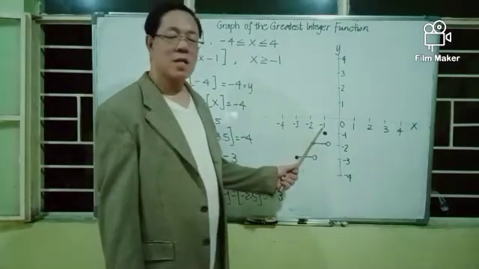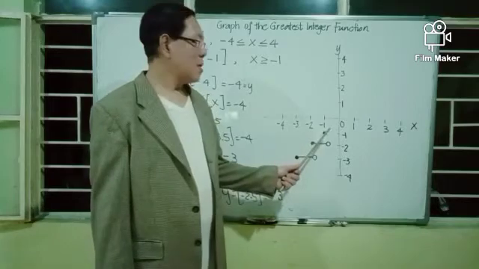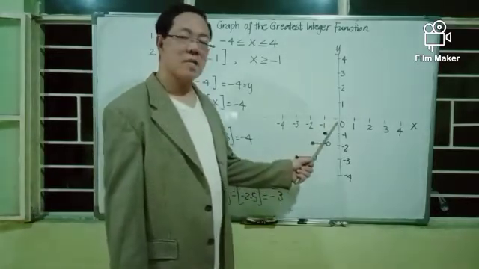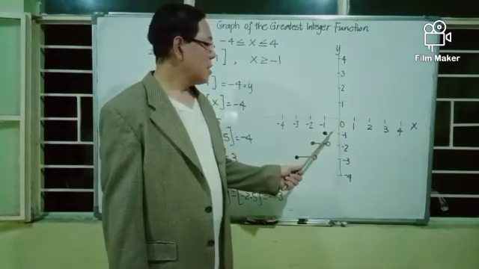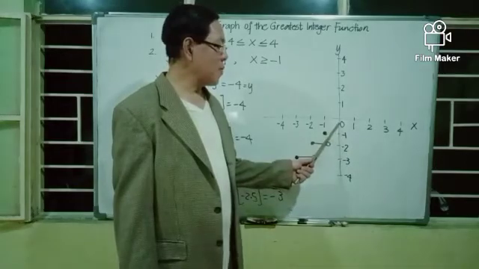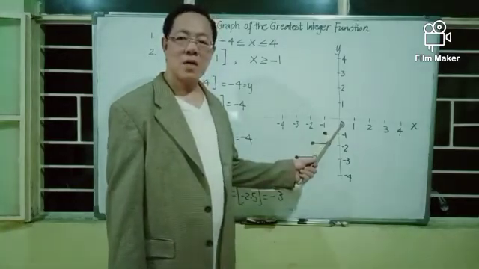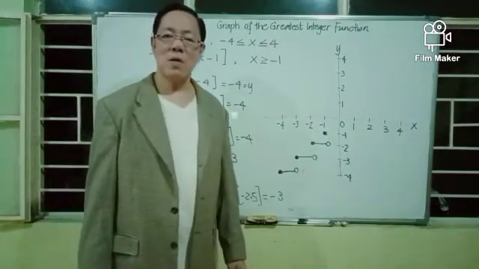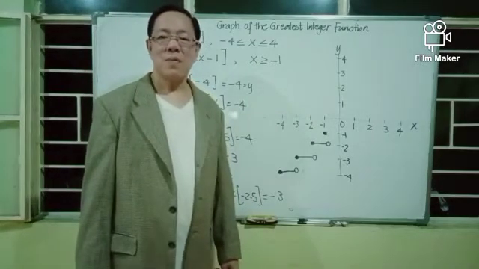And that integer again is negative 1. Hence, for the values of x that are greater than negative 1 but less than 0, the value of y is always negative 1, except when x is 0, because when x is 0, the floor of 0 is 0.